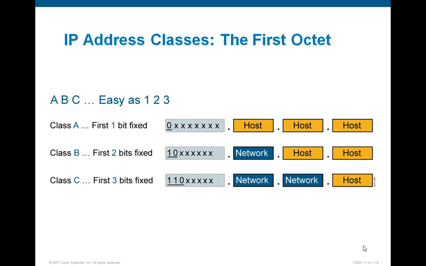Now IP address classes. There are 3 major classes that we use privately and publicly. First, there are class A, class B, and class C. So how can we identify class A, class B and class C? It is basically by looking at the first octet.